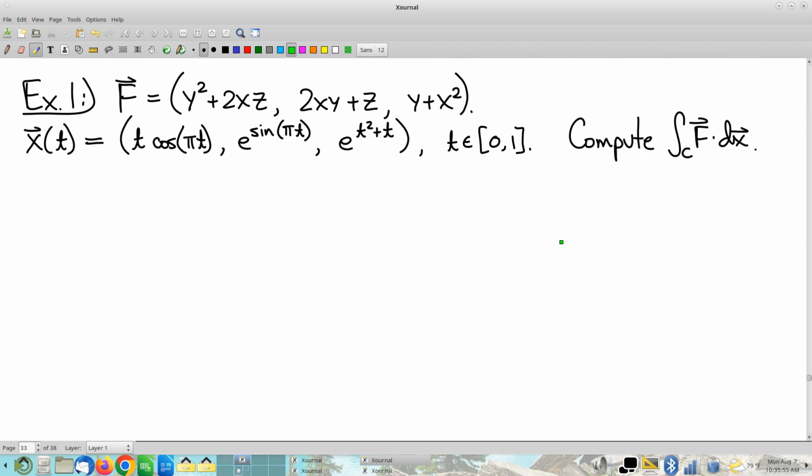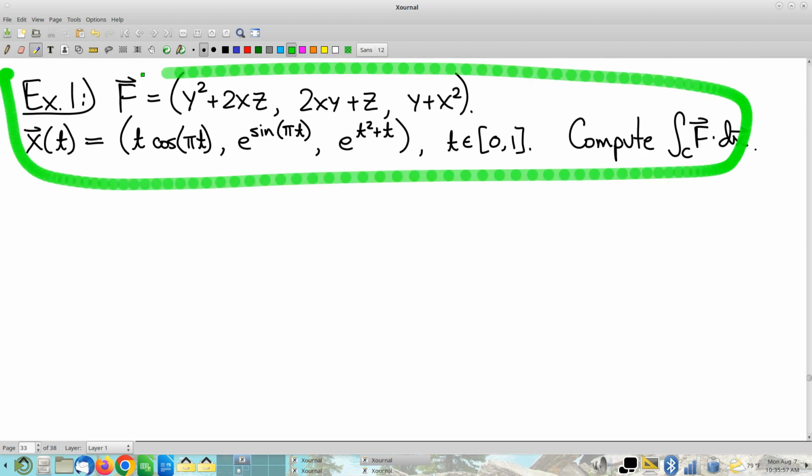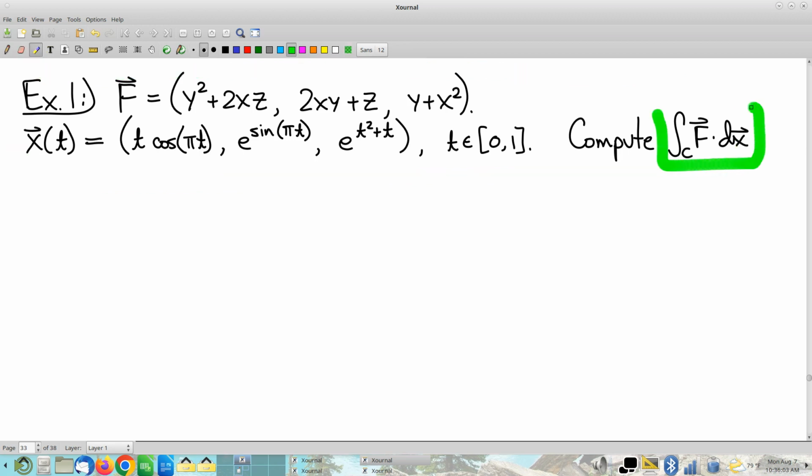So here's a question as it might appear on an exam. Notice it says compute a line integral. That tells me my context. In particular, notice this is a line integral of a vector field with 3 components, so I'm in 3 dimensions. Also, my curve that I've been given is parameterized with 3 coordinates.